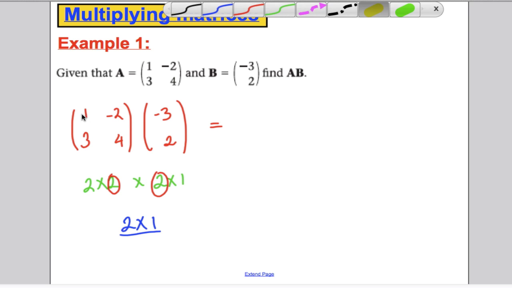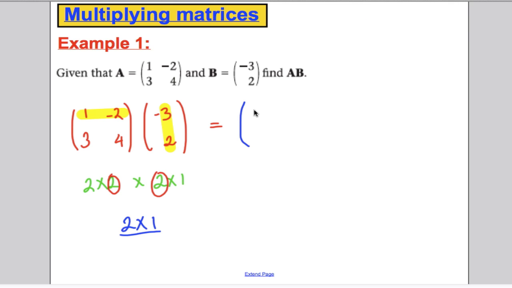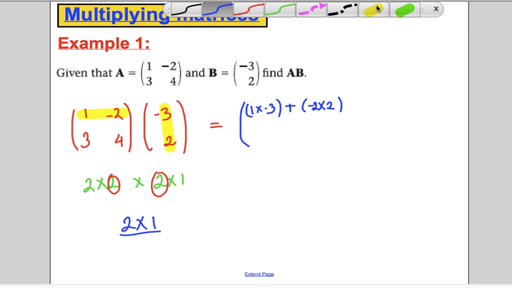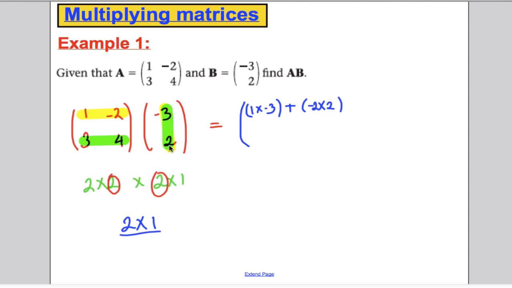Why don't we do that row times that column, and what would we get? Well, we'd get 1 times negative 3 plus negative 2 times 2, and then you would do that times that, and you would get 3 times negative 3 plus 4 times 2.